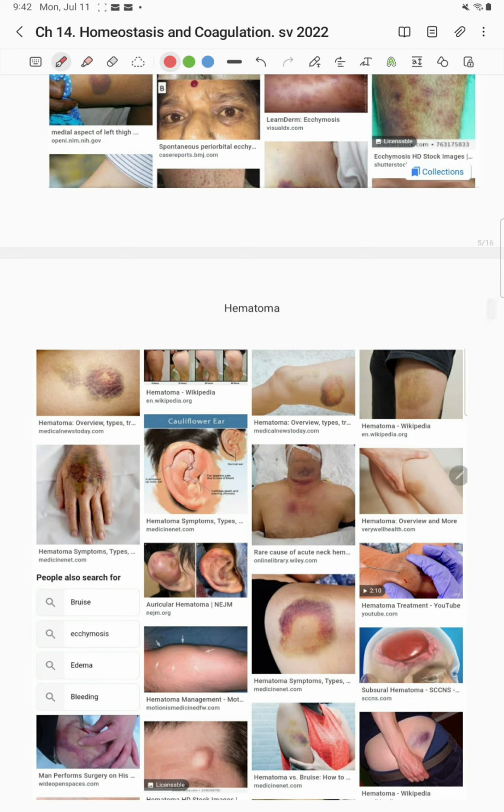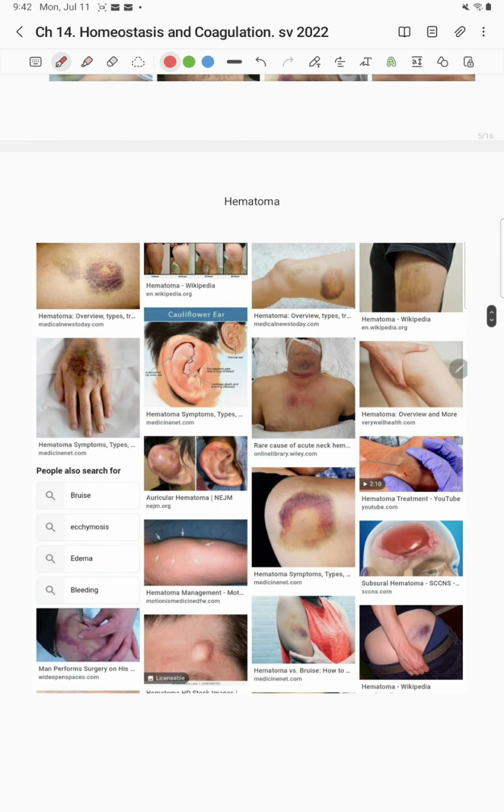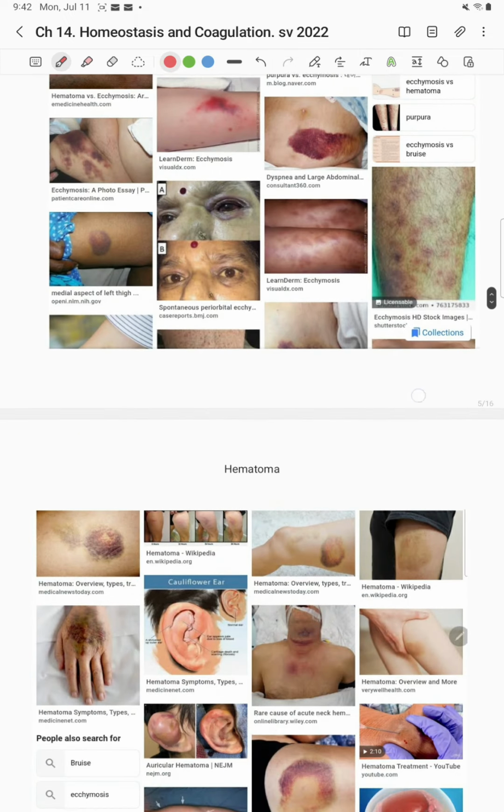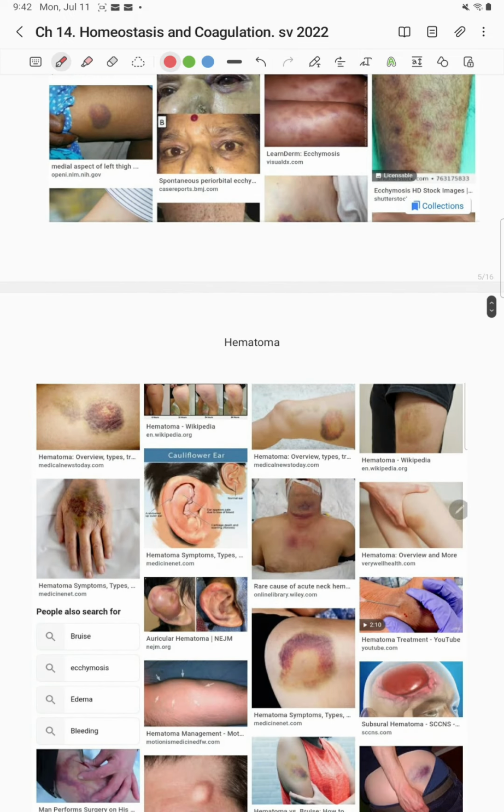A hematoma has this appearance where it's a pool of now mostly clotted blood that forms underneath the skin. Okay, so there can be some overlap with ecchymosis and hematoma.